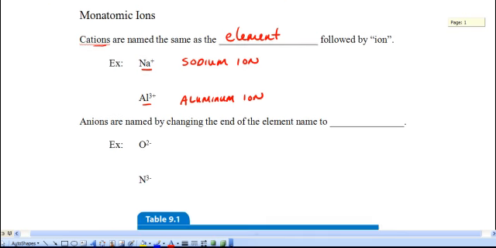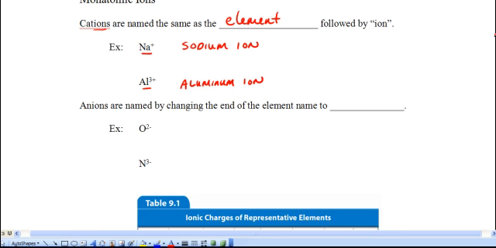Now, as you scroll down here, we also have what are called anions. Anions are negatively charged particles. They become negative by the gaining of electrons, which was covered in a previous chapter. Anions are named by changing the end of the element name to an -ide ending. So, in this first one, where you have O2-, that's obviously oxygen, but we call the anion oxide.